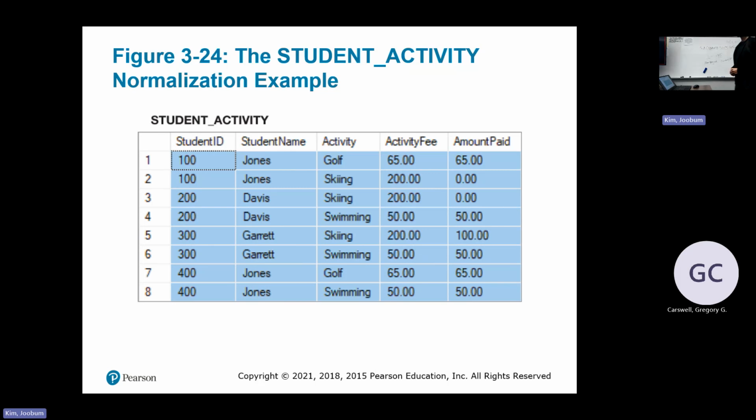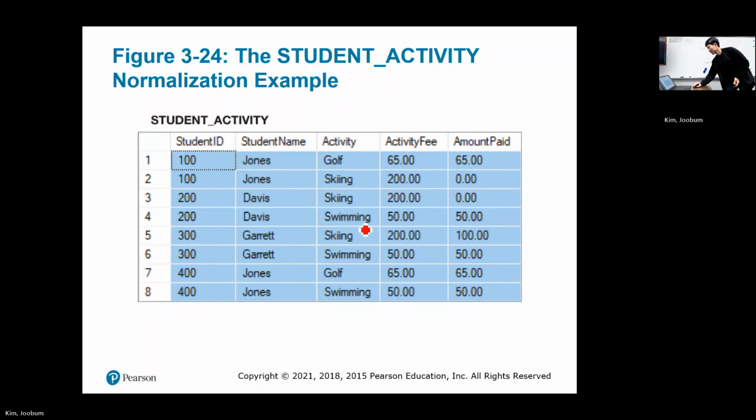You got it. Activity determines activity fee. Yes, one. How about student ID and student name? No. Why? 100 is associated with Jones, then 400 is also associated with Jones. Associated with multiple values.